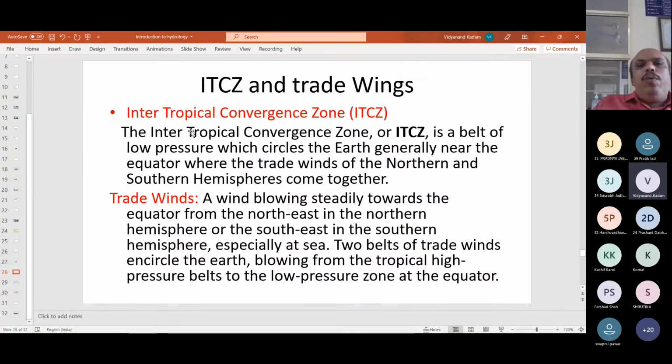Okay, now let us know the definition of the intertropical convergence zone, that is ITCZ. ITCZ is a belt of low pressure which circles the earth generally near the equator, where trade winds of the northern and southern hemisphere come together.